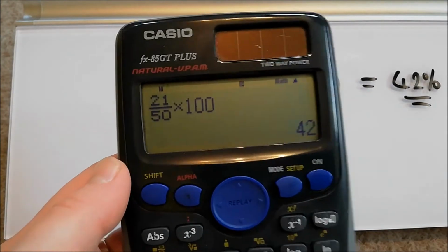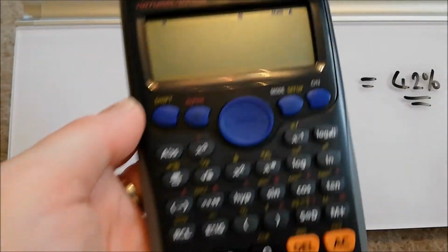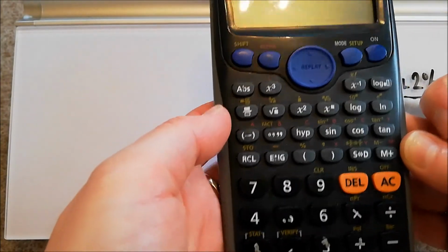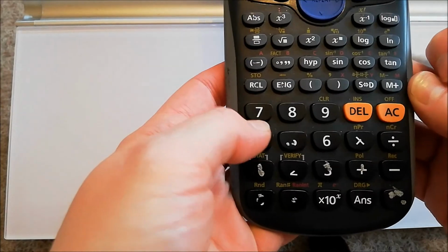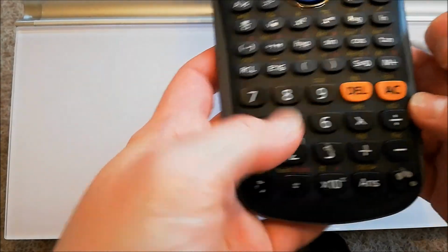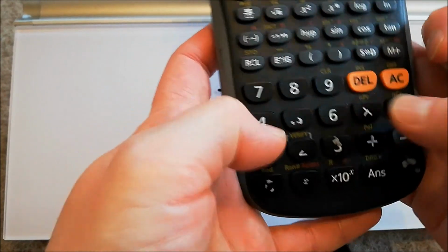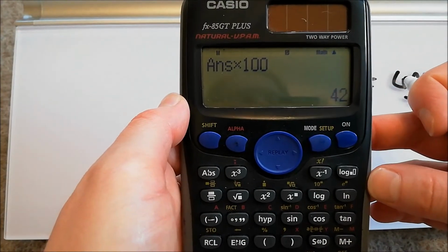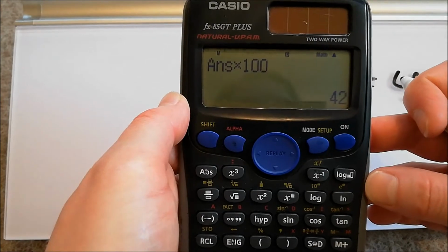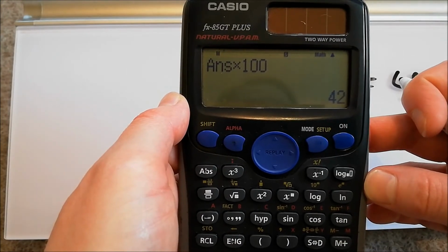Okay. If you want to, you can do a divide instead of using the fractions button as well. So an alternative way of doing it, the one I would usually use actually because I find it a bit quicker, is 21 divided by 50 equals times 100 equals. So if you want to use a divide instead of the fractions button, you can do.